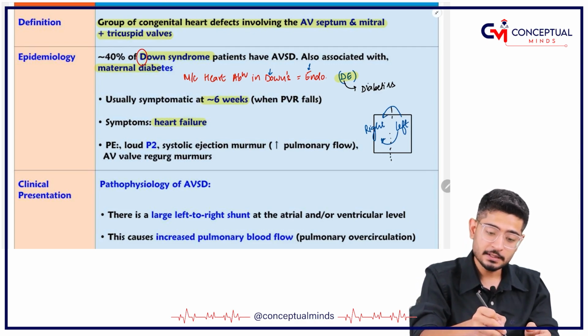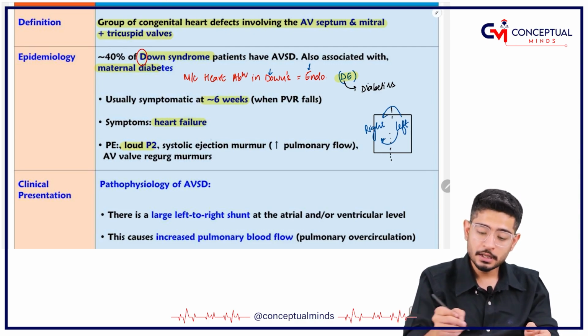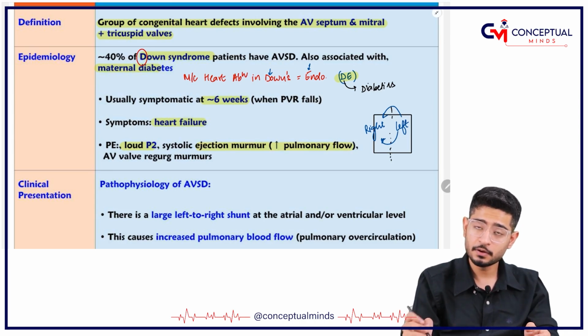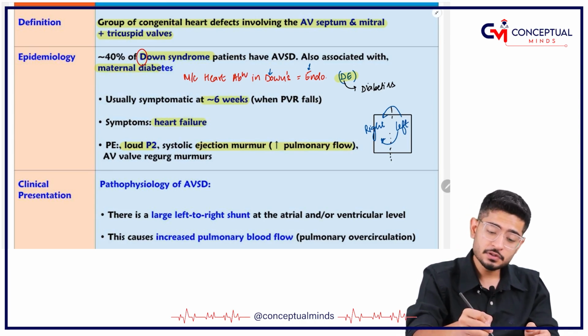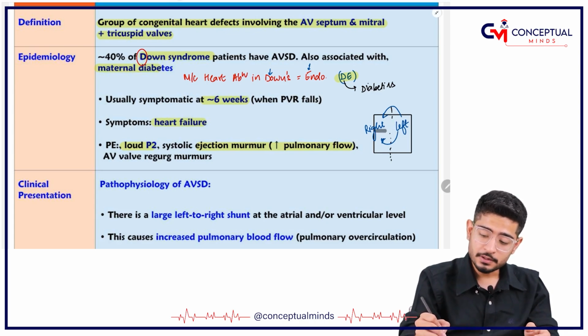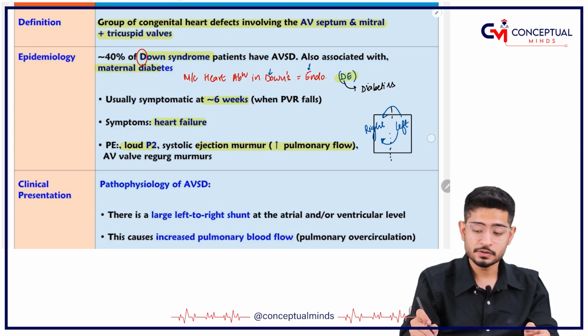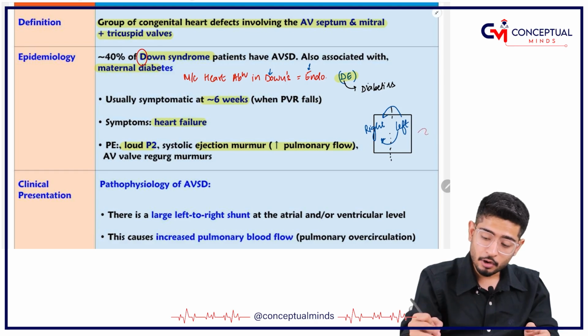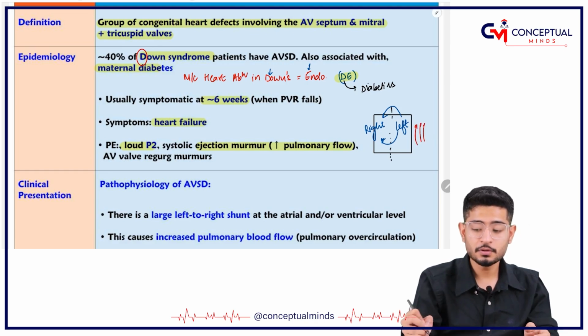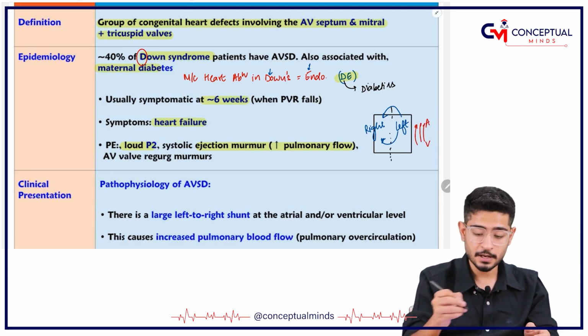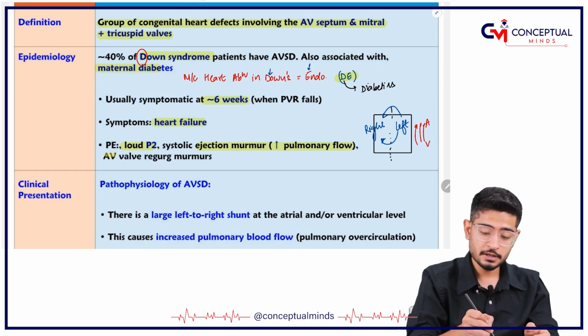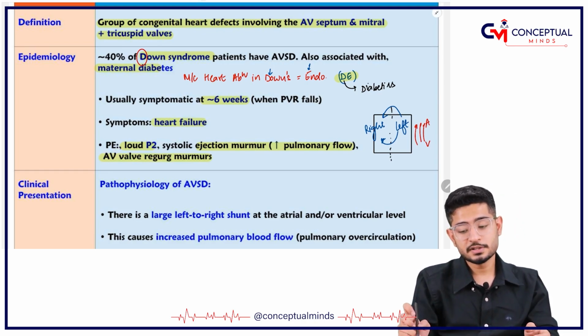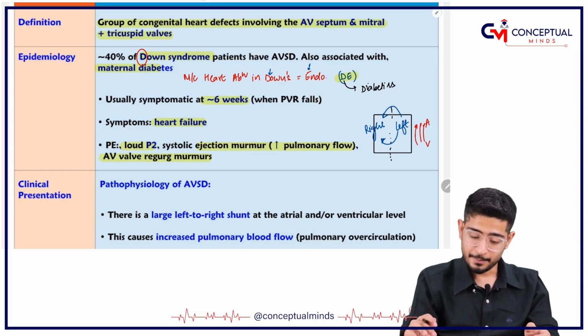That's why there is a loud P2 which will be heard. There will be an ejection murmur because the pulmonary blood flow is increased. And because there is no separation here also, there will be a lot of regurgitation from the ventricles to the atria. So there are a lot of atrioventricular valve regurgitation murmurs.